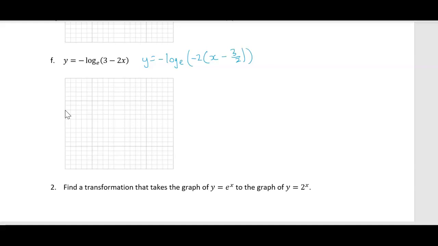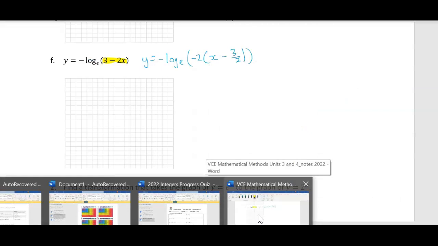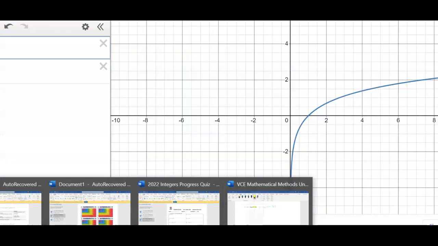Just always substitute it back in because you want to make sure whatever is inside this bracket is positive. So not x itself, but what is inside that bracket has to be positive. All right, let's sketch this one on Desmos. So negative log, and I can't remember what it was, 3 minus 2x.